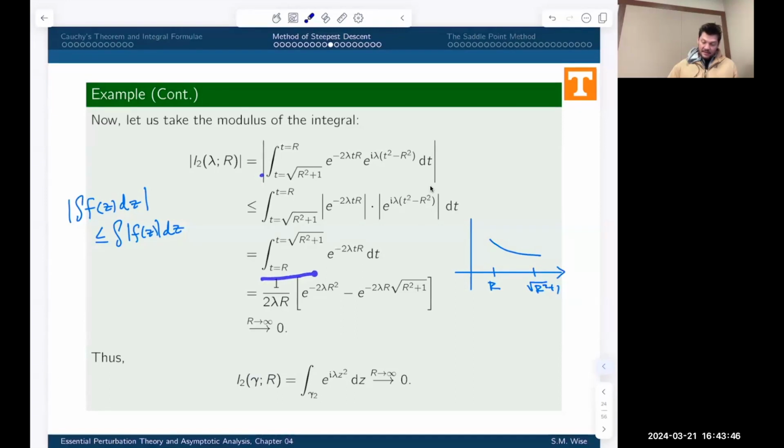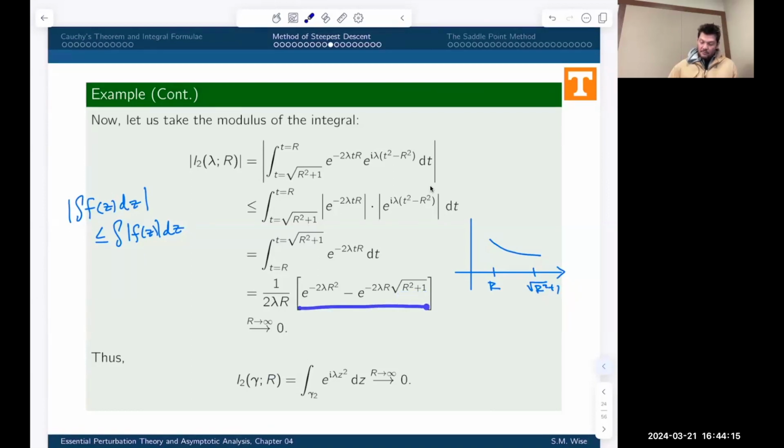Ultimately, it is less than this, and this can be integrated exactly. This is just a real exponential function, so you can just do the integral as usual. You get 1 over 2 lambda R times e to the minus 2 lambda R squared minus e to the minus 2 lambda R times the square root of R squared plus 1.